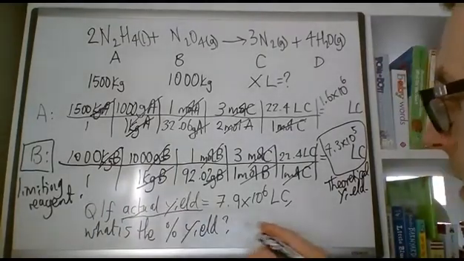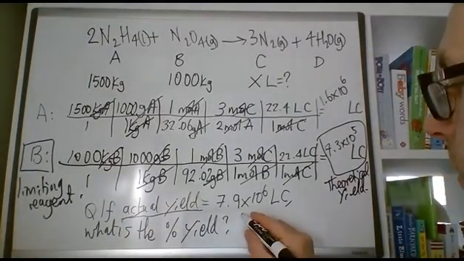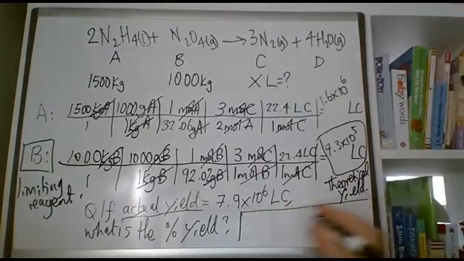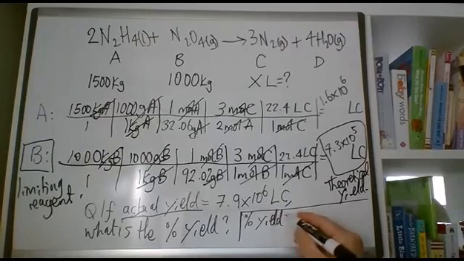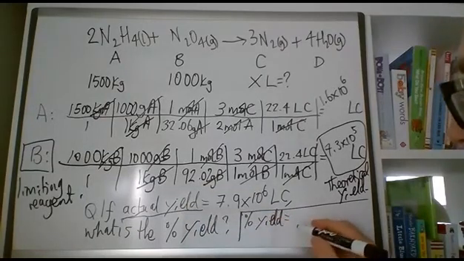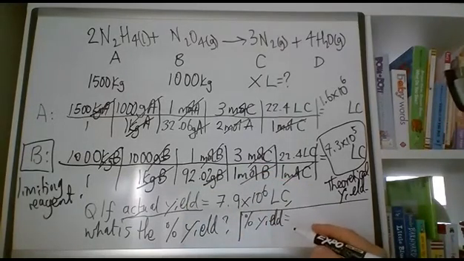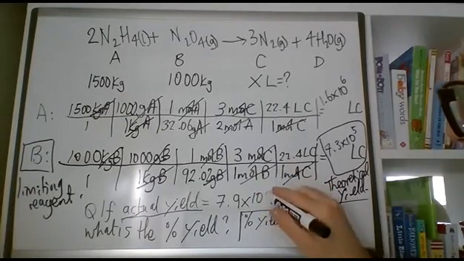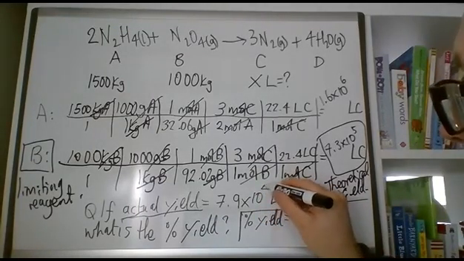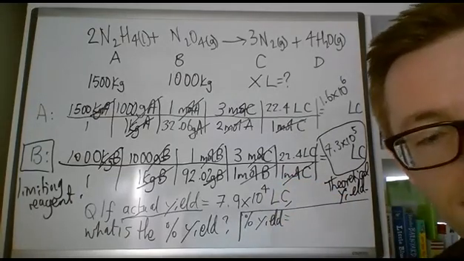So the percent yield is going to be the actual yield. And I've just realized I need to change this because the actual yield is always smaller than the theoretical yield.